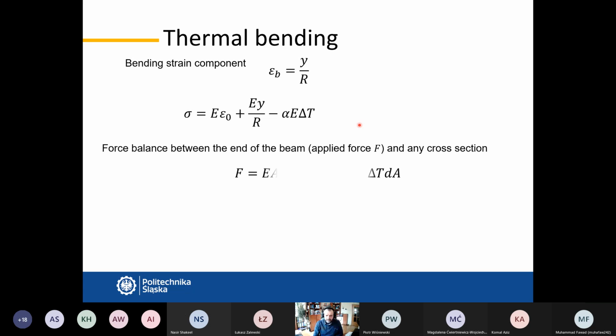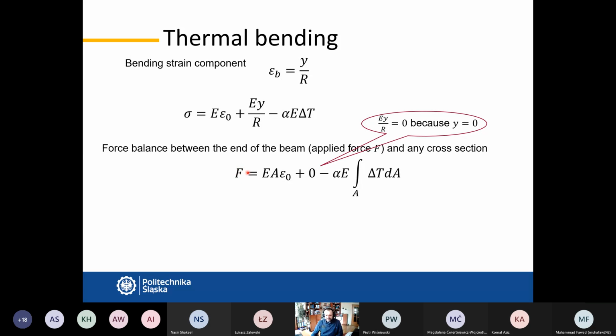If we make a force balance between the end of the beam, where the force is applied, and any cross section, the force can be applied at the end. This is the most general case. The force may be zero if nothing is applied, but in general there may be a force.